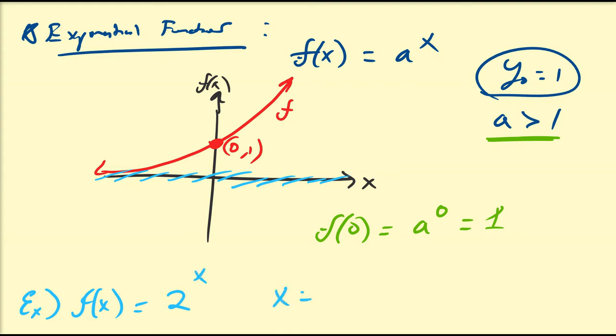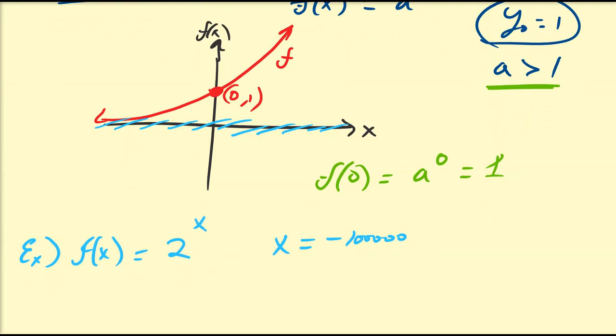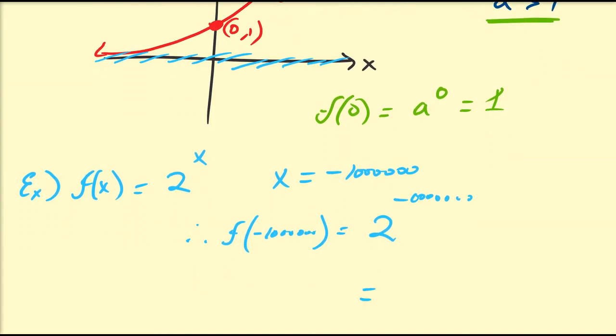If I make x really, really negative but large in magnitude, say negative 100,000 or negative 1 million, that means f of this value is going to be equal to 2 to the negative 1,000,000 power, right? This is the same thing, using our properties of exponents, as 1 divided by 2 to the power of 1 million. Now this is a really large number, so this quotient is going to be very, very small, approximately equal to 0.